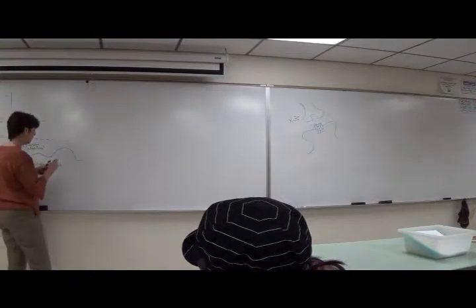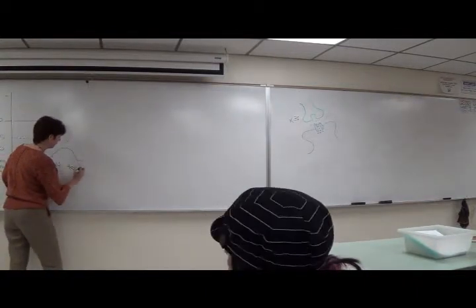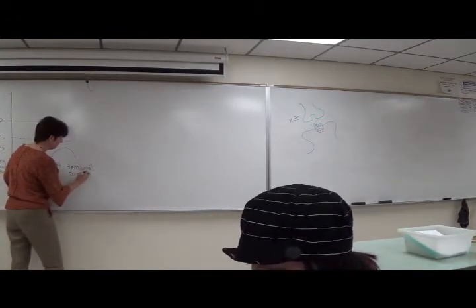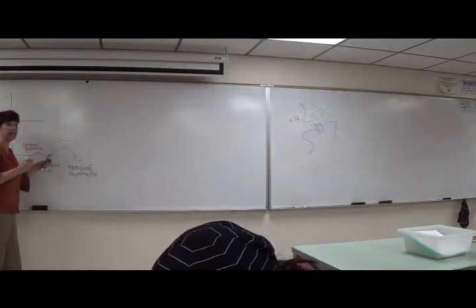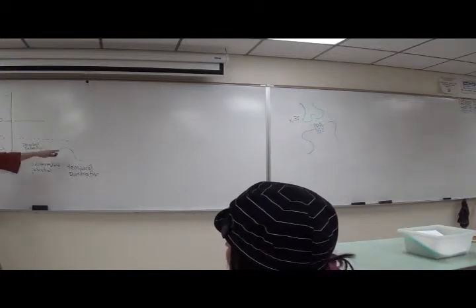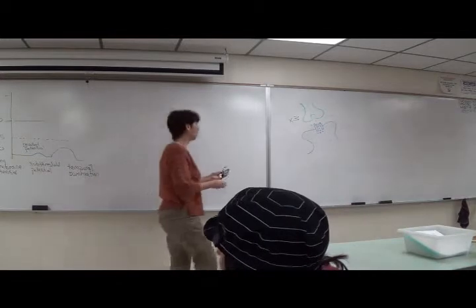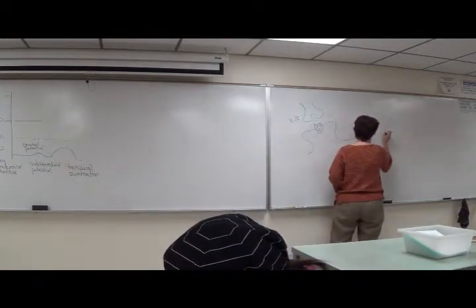This is temporal summation. So with temporal summation, I can see an effect of each of those very rapid, almost on top of each other, firings of the neuron. Now let's say I have another neuron over here.